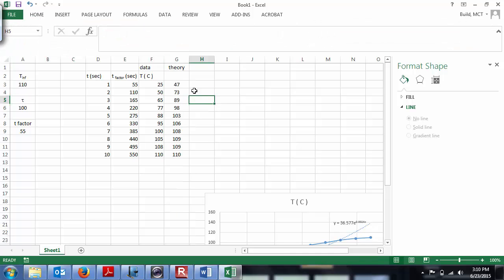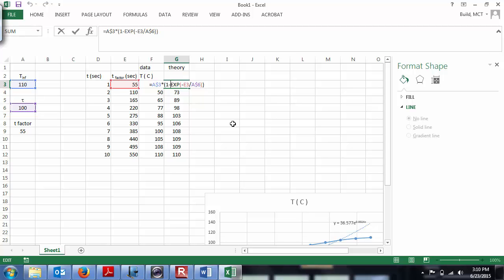Okay, so now you can see that in the theory, let's go back and review this equation. The very first part is A$3, so that's our T infinity, it's labeled right there, times 1 minus exp, which is the function for the exponential function, and in that exponent is negative t, so that's what's in the cell E3 right there, divided by the value in A6, and A6 is our time constant.